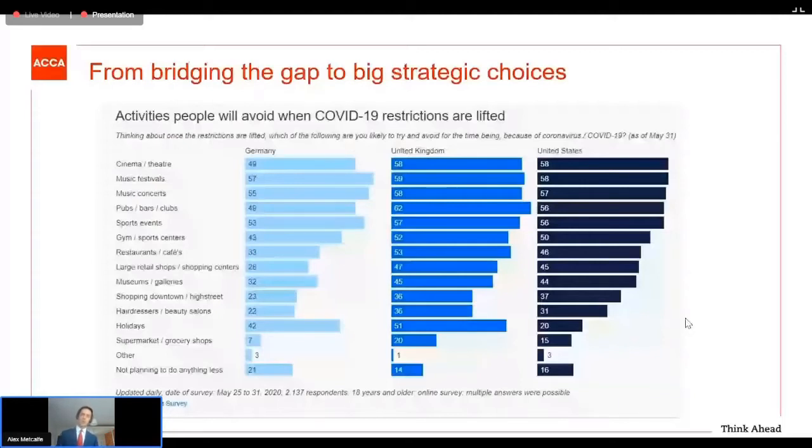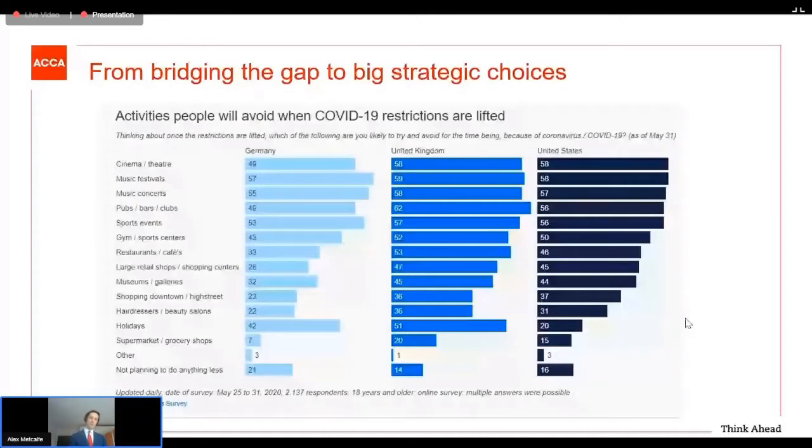Because up until now, a lot of the fiscal policy interventions that we've seen have actually been about just maintaining the status quo as best as possible. So putting an economy on life support with the hope that it will return back to our previous levels of activity once the pandemic has passed.